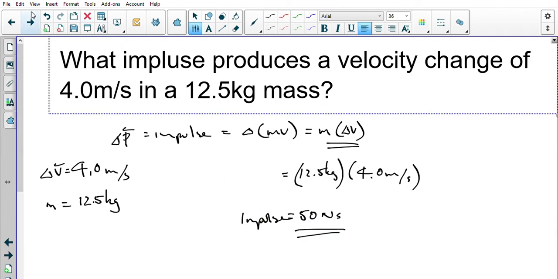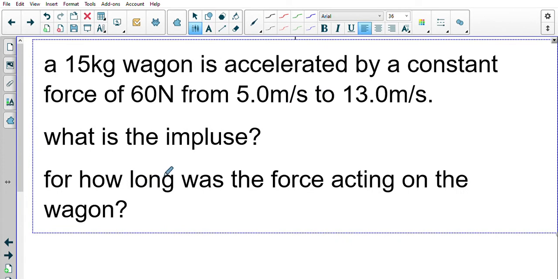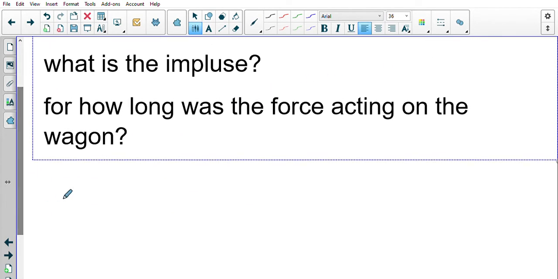All right, so let's go on. Here we have a 15 kilogram wagon accelerated by a constant force of 60 newtons from 5 meters per second to 13 meters per second. What is the impulse? We have 15 kilograms, that's our mass.